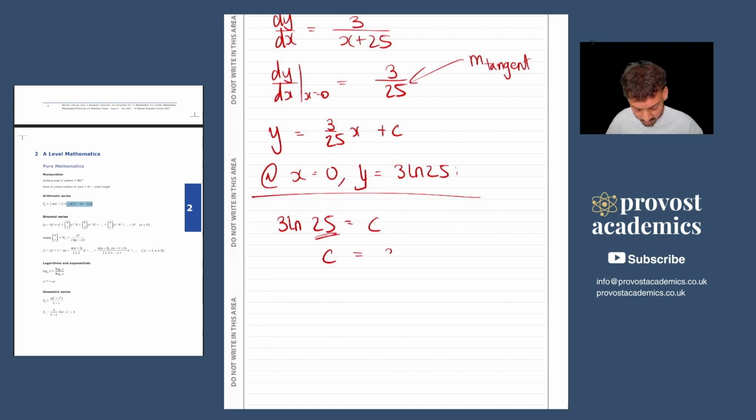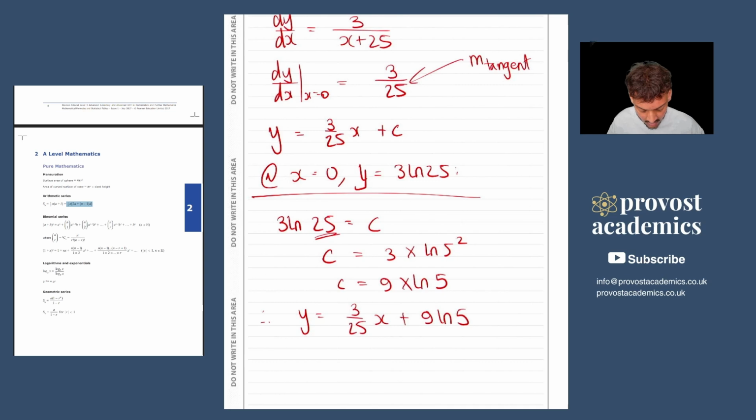So we say 3 times ln of 5 squared, and we can bring that power down to give us 9 times ln of 5 equals c. So next, therefore I get y equals 3 over 25 x plus 9 ln 5.